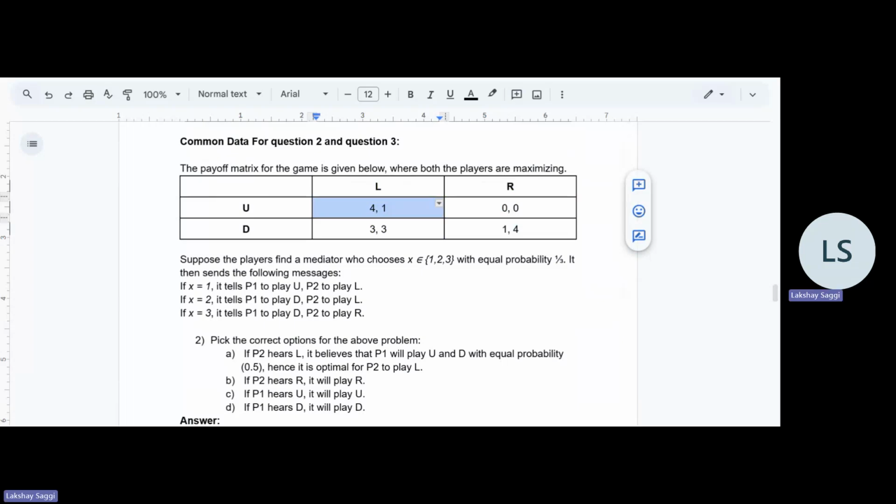Okay, and then to find mixed Nash equilibria, one has to find a set of strategies for player 1, then assign some probabilities to L and R such that the expected payoff on playing U and D become equal if L and R are being played with some probability distribution, and similarly here.